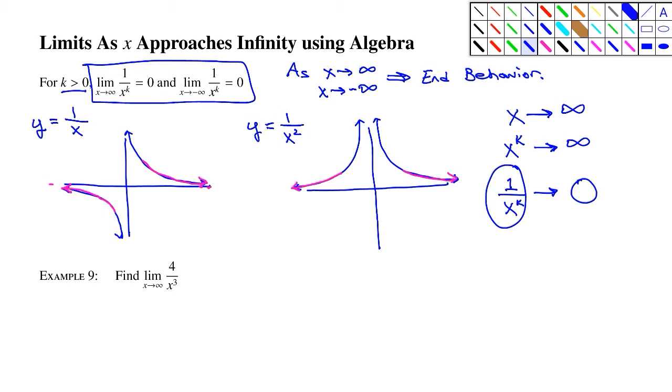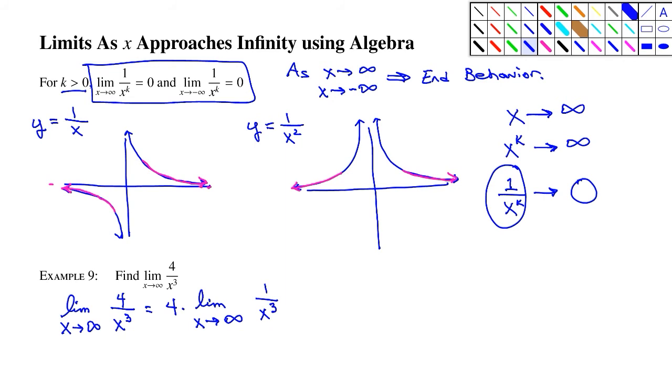Example number 9. Find the limit as x goes to infinity of 4 over x cubed. Well, there's a rule that says if you have a multiplier number, like this 4 here, you can bring it out to the front and multiply it by the value of the limit. So I'm going to pull that 4 out, and this is going to be 4 times the limit as x goes to infinity of 1 over x cubed.